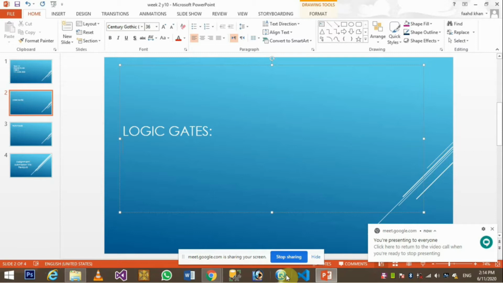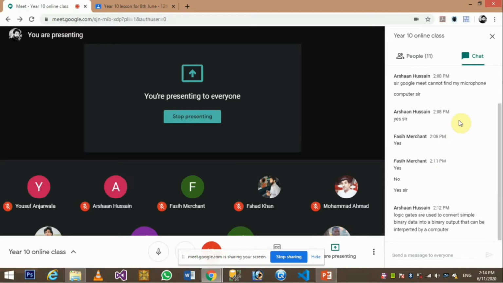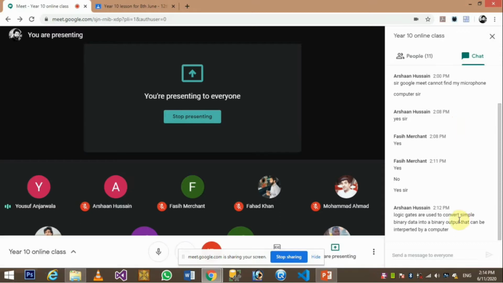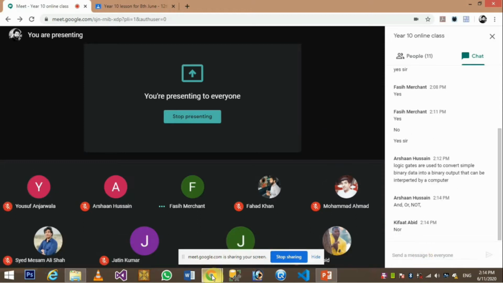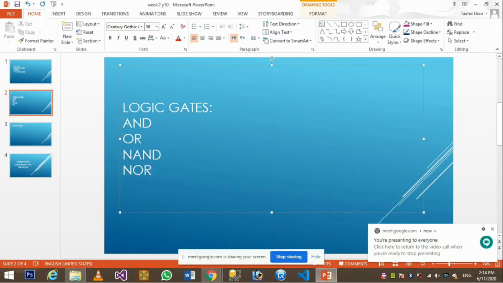Can you please tell me the logic gates which are present in the syllabus, because we have all read this topic before, so we must know all the names. One by one, if you can write in the chat, I would really appreciate that. Thank you so much. Okay, I'm writing AND, OR, NAND, NOR, NOT, someone says NOT.